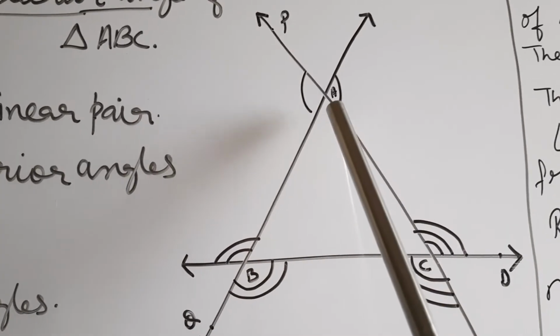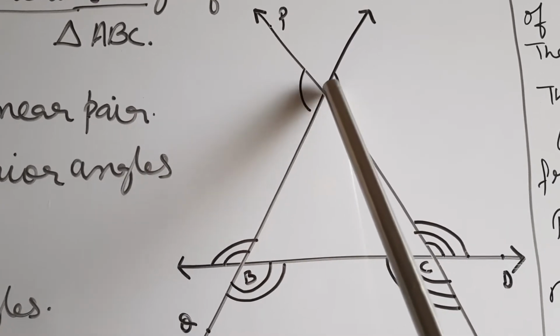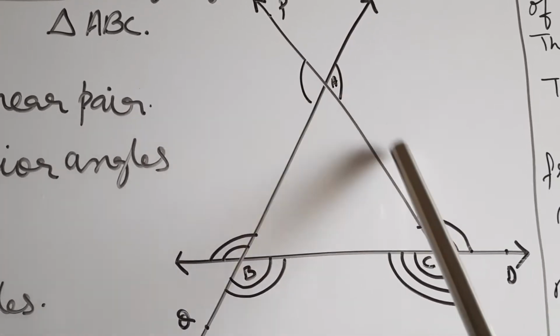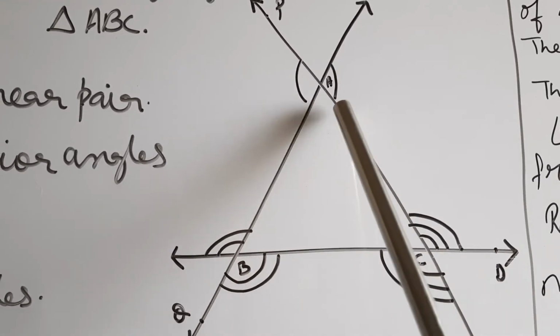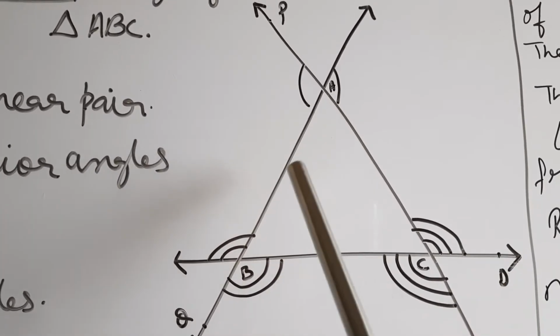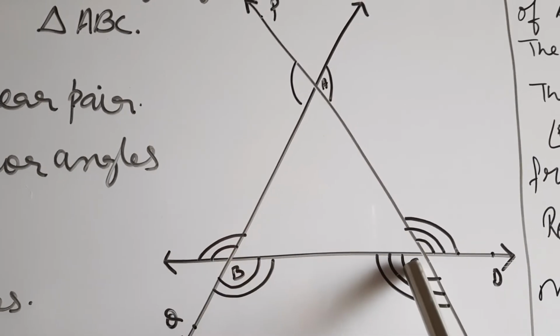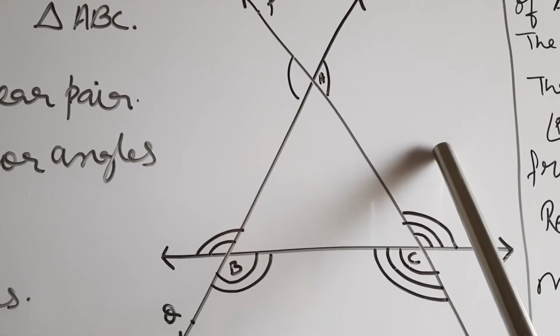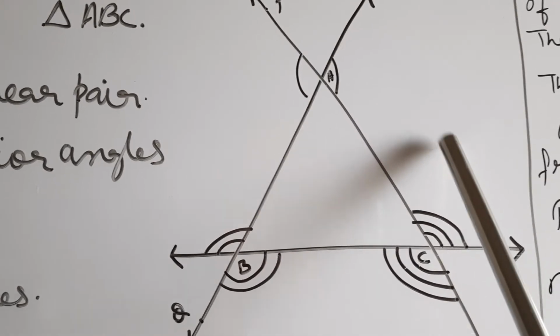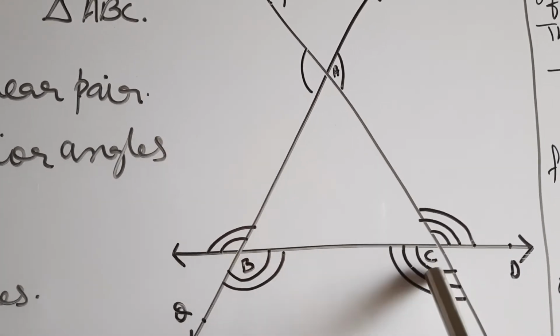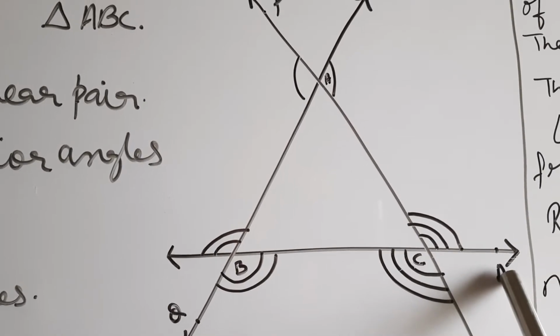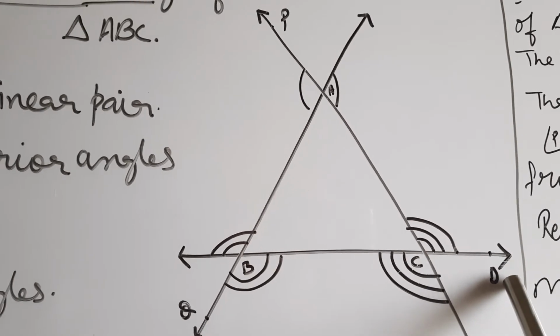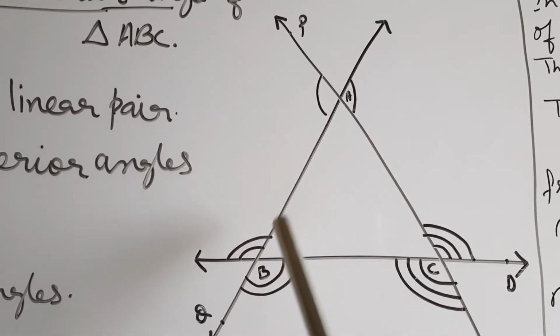Now when we take this angle as angle ACD, can you see this? This is lying outside triangle ABC. So this angle is formed outside triangle ABC. Therefore, angle ACD is called as exterior angle of triangle ABC.